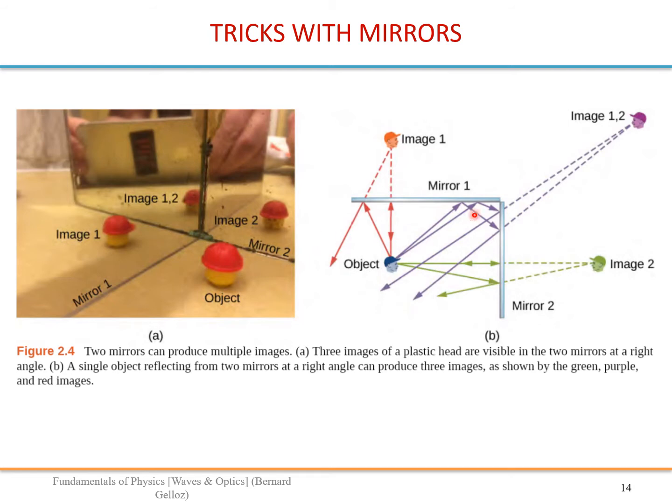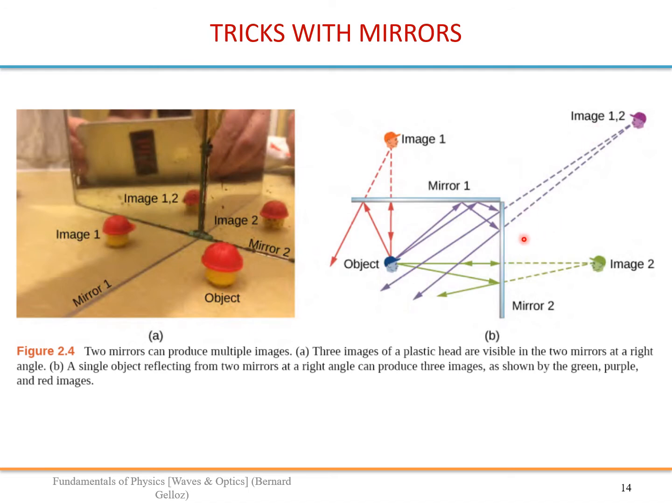I took that particular figure from OpenStax volume 3, the free book, but this is wrong. This is not the proper position, and you can see that these rays are not correct, especially that one. Follow this one: you see that it is reflected too much towards mirror 1. It should be more around here, and this would put the image closer here.